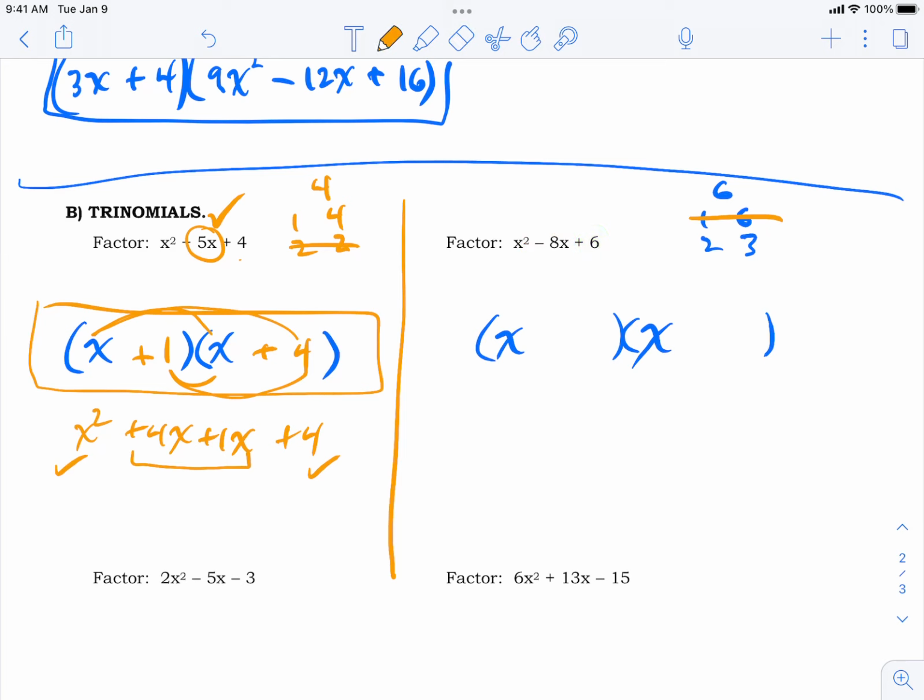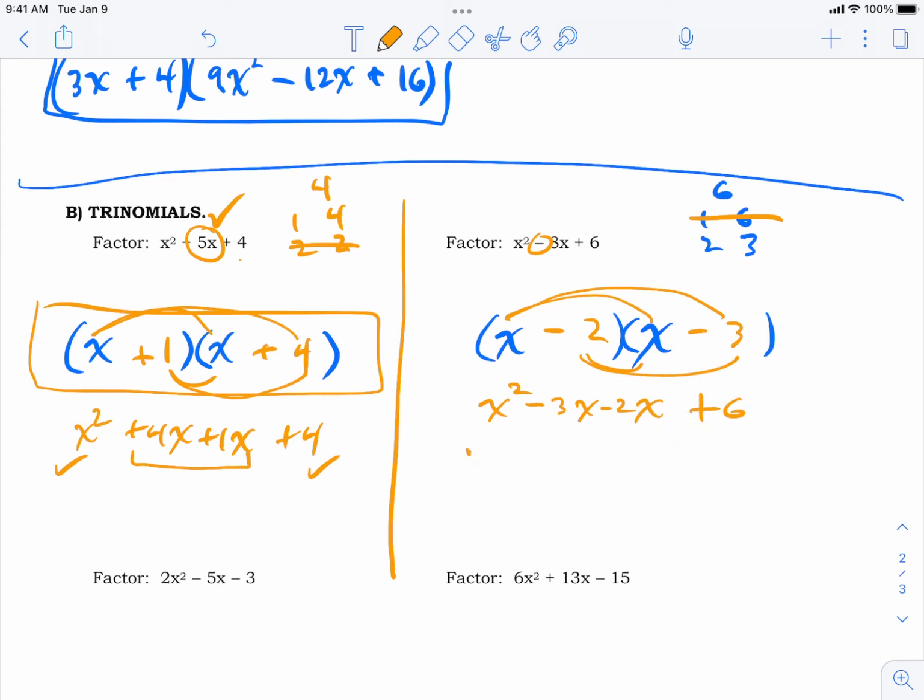So, okay, a 2 and a 3. Now remember I was noticing that this was negative, right? So instead of putting pluses in here, I'll put minuses. Let's make sure this is working. x times x is x squared, minus a 3x, minus 2x, and then plus a 6.